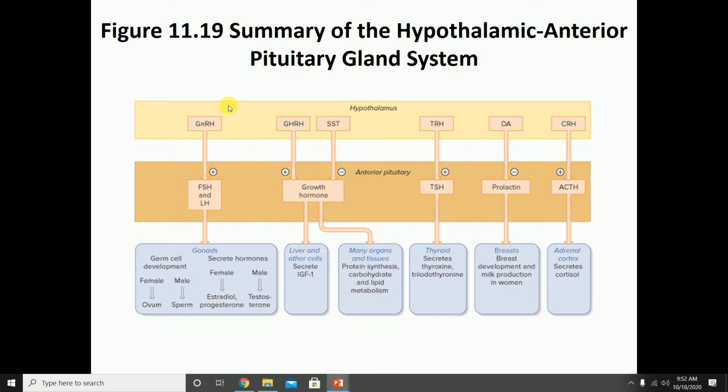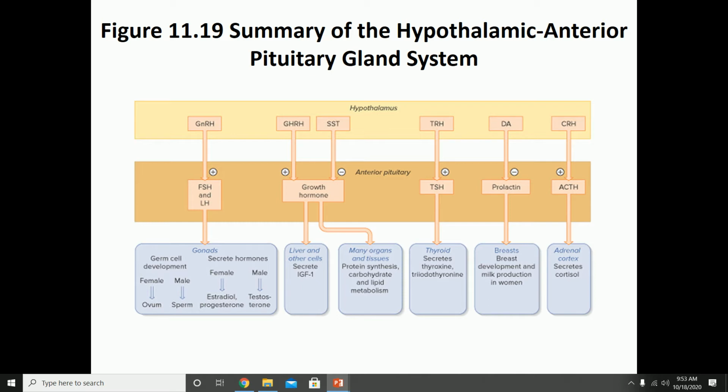So this right here stands for gonadotropin releasing hormone, which means that it is related to the gonads. Gonadotropin releasing hormone reaches the anterior pituitary gland and stimulates it to release follicle stimulating hormone and luteinizing hormone.